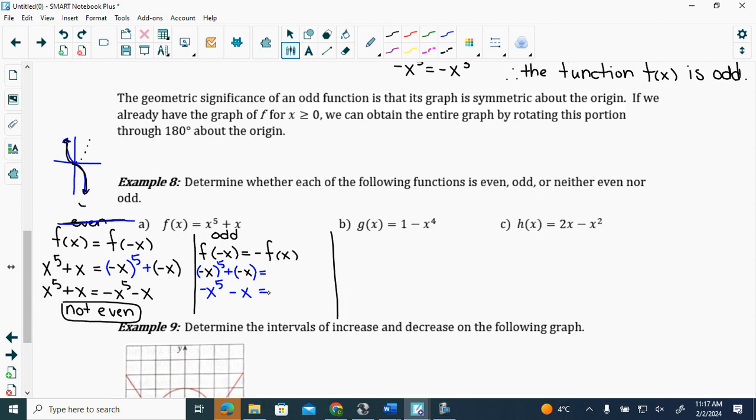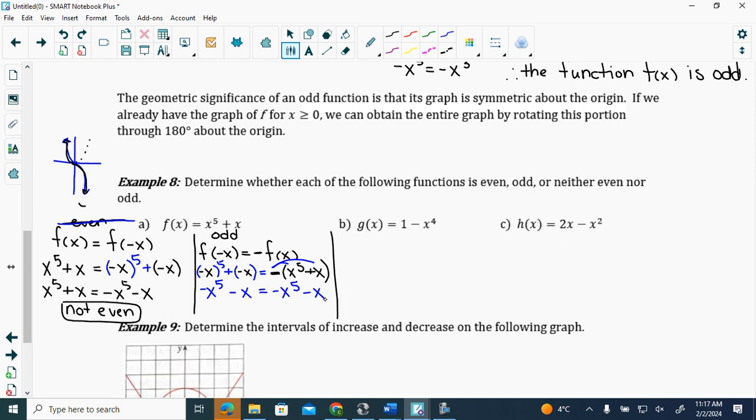Now this one is easier. It's negative sign. I'm going to negate all of f of x, right? So I have to remember to put f of x in a bracket, because I have to negate the whole thing, not just the x to the 5. So I'm going to negate f of x. So I'm going to get negative x to the 5 minus x.